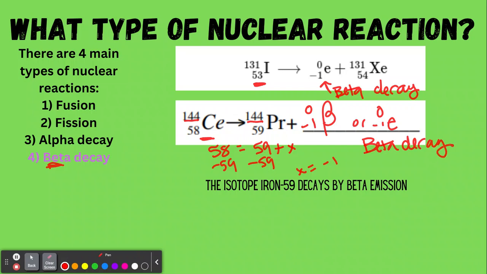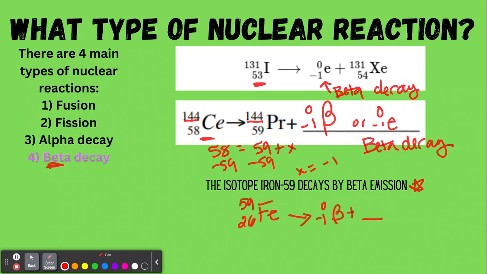Okay, now this problem down here is the same thing, but it's in words. It tells me that I start with iron, which is Fe59, and I have to look on my periodic table to see that iron is 26. It decays by beta emission. So that means if it decays, this is my only reactant, and beta is one of my particles, so 0 over -1 beta.